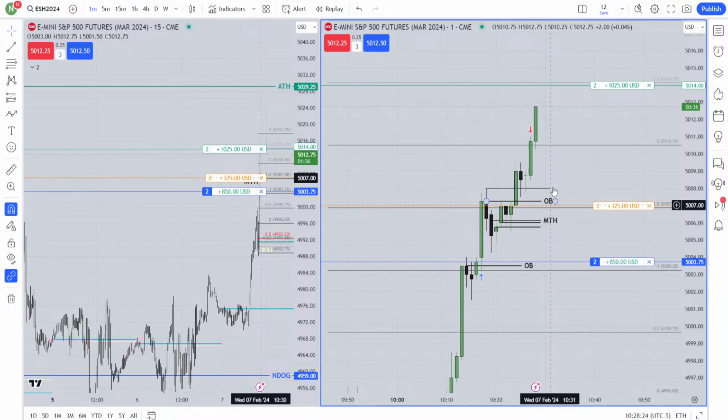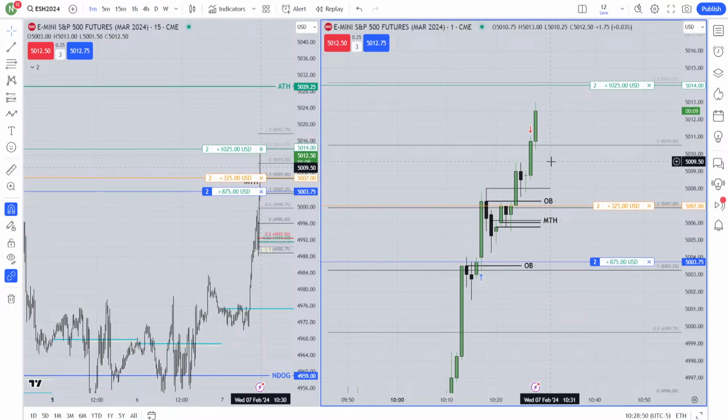If it left this small area open, this will be a measuring gap. It's called a measuring gap. If it left it open and reaches until minus 2.5, I'm going to put my stop loss below that high of this candle. If it closes somewhere here, I'm going to put my stop loss below that candle's low.